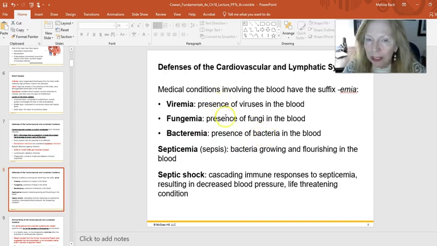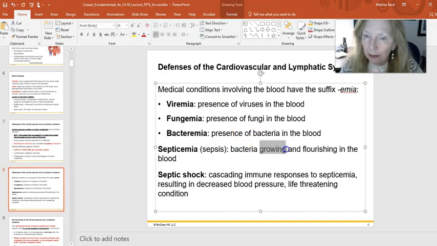I want you to note that these say presence because they do not necessarily mean that they are growing. Okay? This is an important distinction. Even though we may sometimes see bacteremia, which we know can happen, if you can see blood because of an injury, even if you've picked at a bump or you've flossed your teeth too hard and now your gums are bleeding, or you stub your toe, or you have, heaven forbid, a huge trauma, and someone's bleeding out, it means that microbes could be entering.